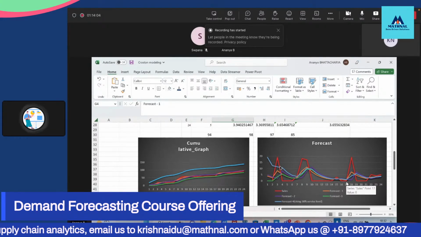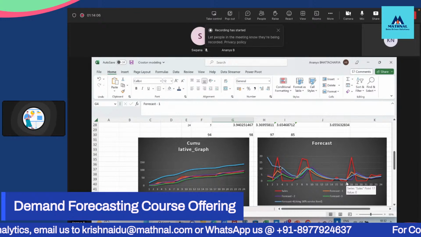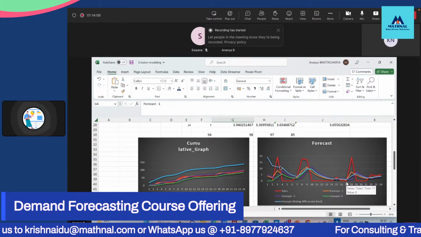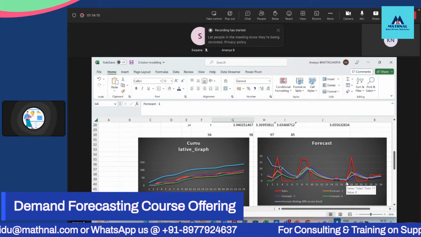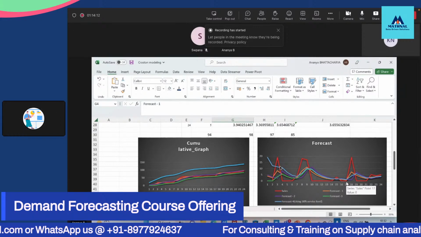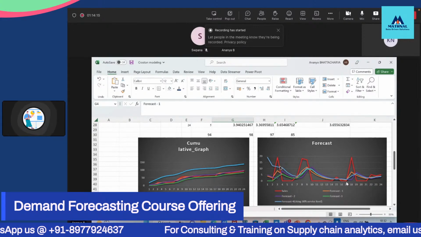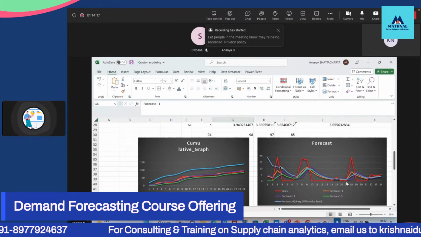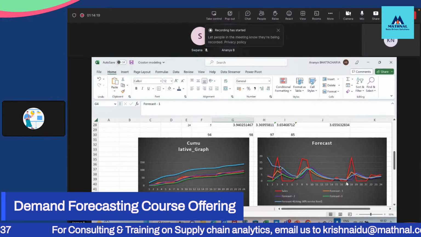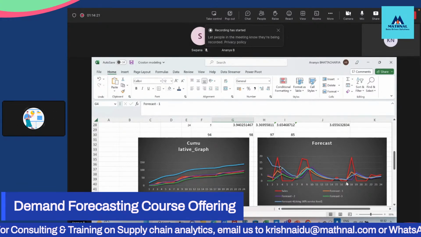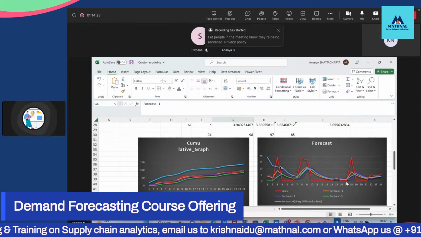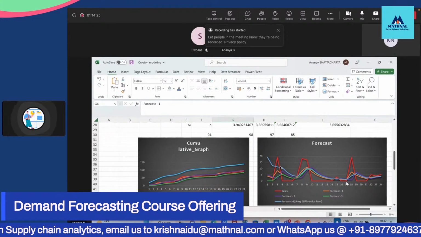One thing is very clear: forecast 4 is not at all mapping with the current level of damping effect. As we decrease our damping effect, forecast 4 is becoming a non-value forecast.